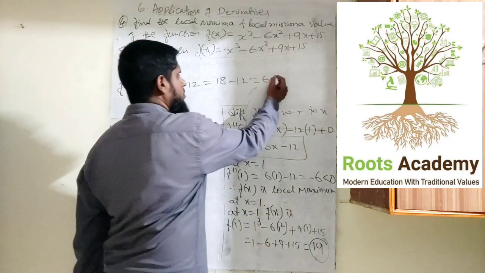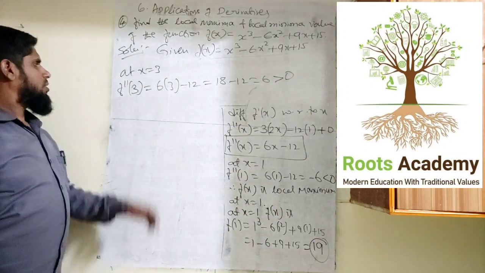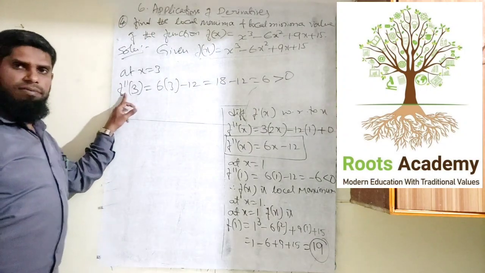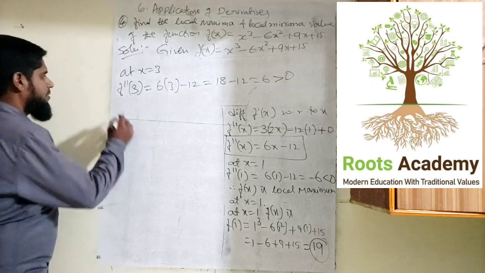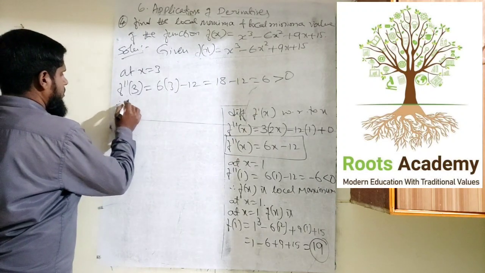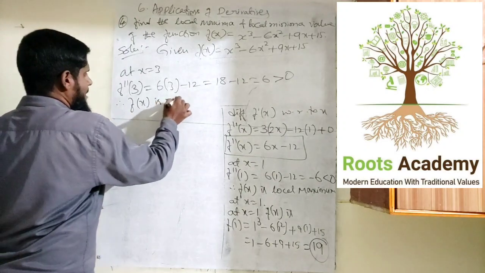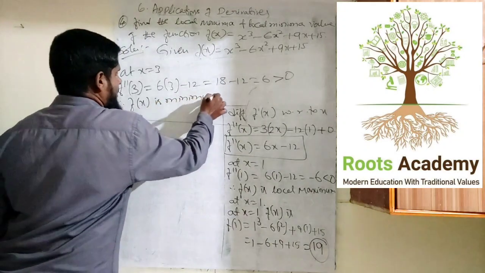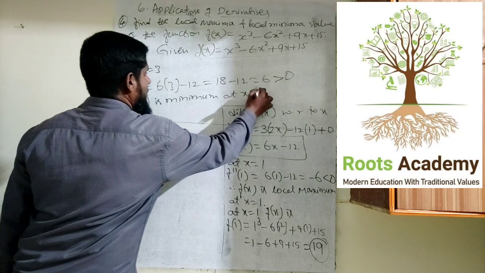Since it is a positive value, it is greater than 0. If the second order derivative is greater than 0, then the function is minimum. Therefore, f(x) is minimum at x equal to 3.